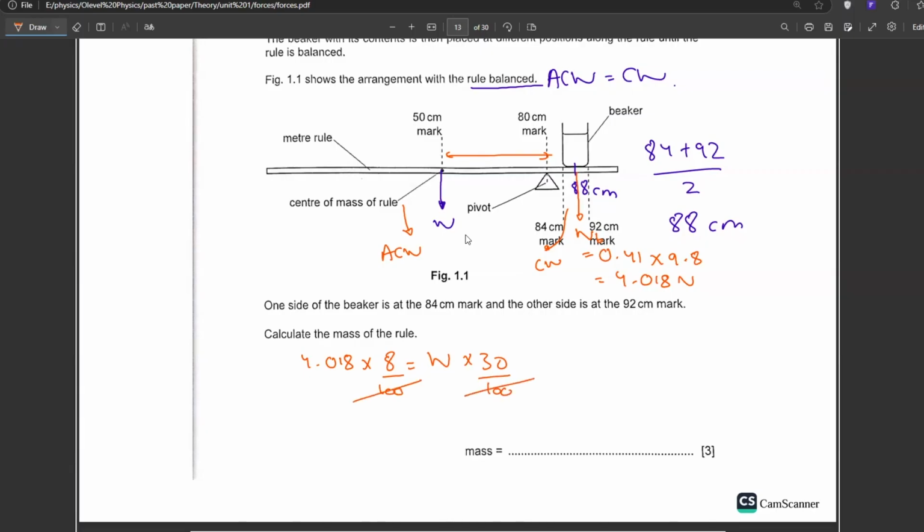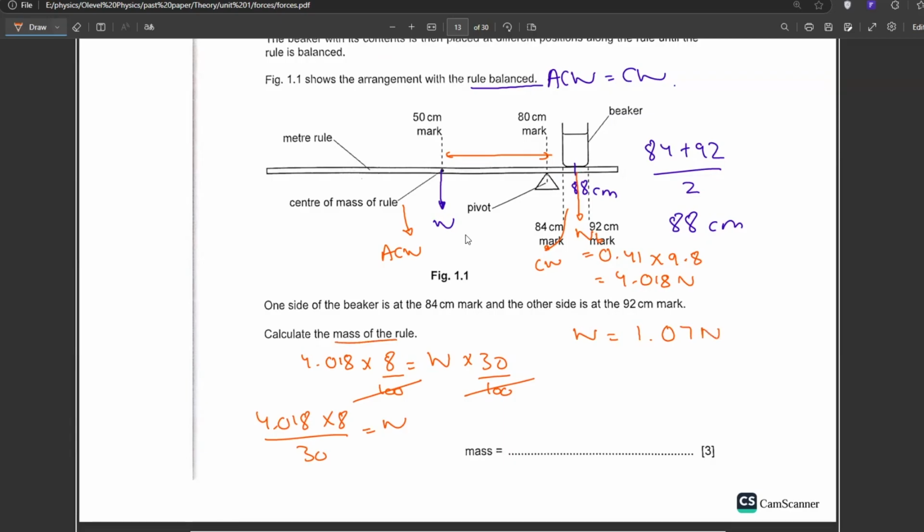Simple. No effect. Okay. Can I calculate weight? Yes. 4.018 into 8 divided by 30 is equal to your weight. So it comes out to be 1.07 newtons.